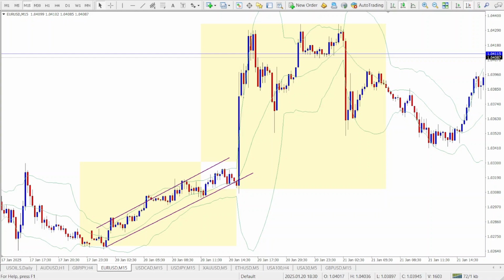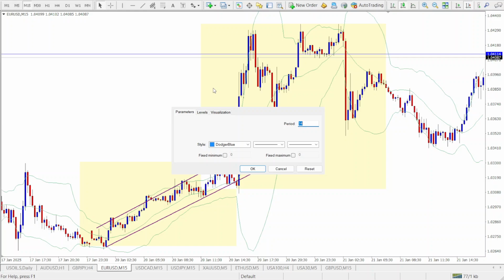When the bands expand, it signals an increase in volatility, right? It signals rising volatility. Now, another indicator we're going to be using is the Average True Range indicator. That is the ATR.